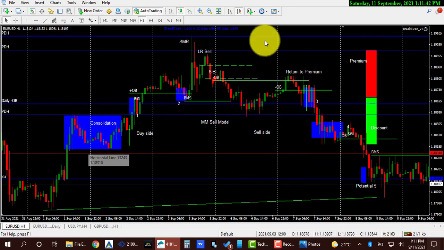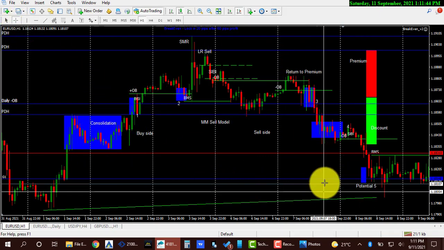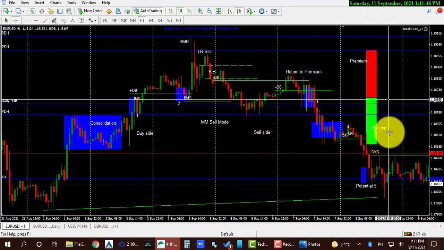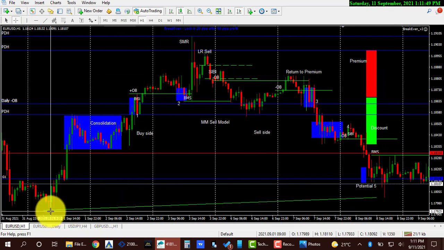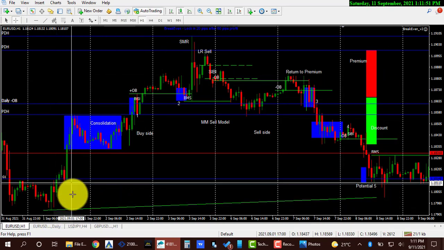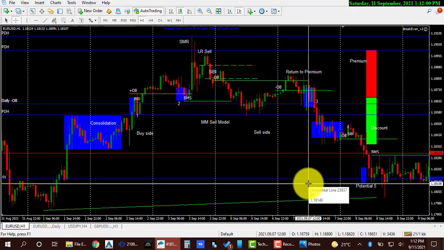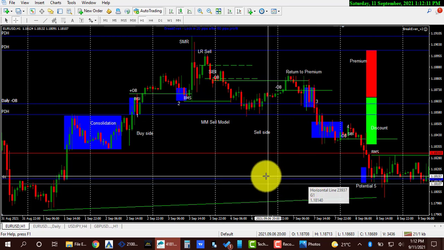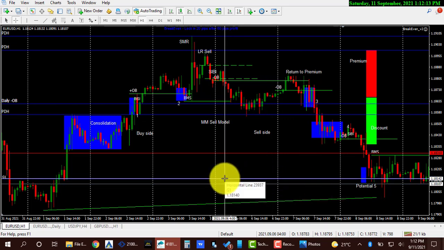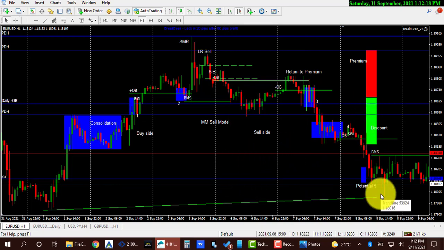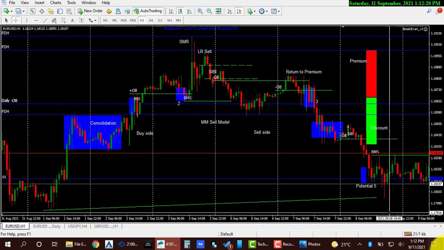I was actually expecting price on the 1 hour time frame to drop down into this low, but it is not actually a 100% guarantee that whatever I expect is going to happen. It's just higher probability predictions. And I actually didn't get that low.